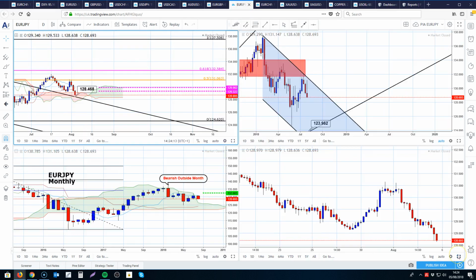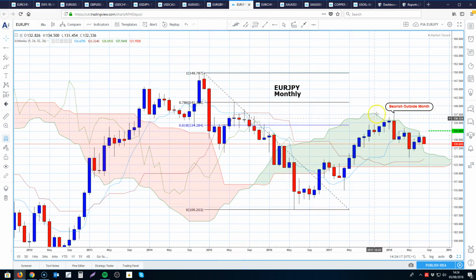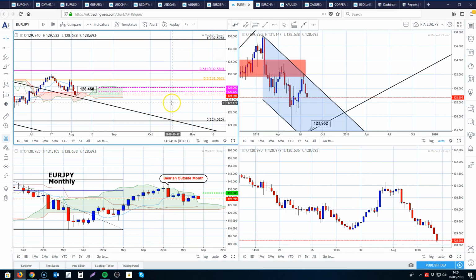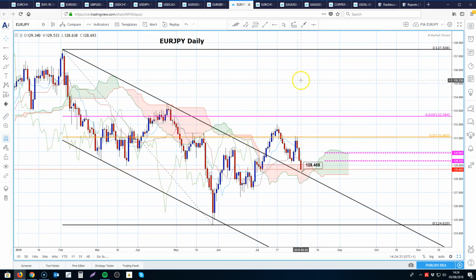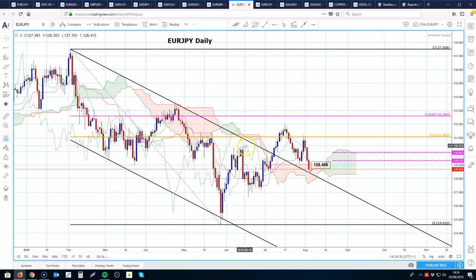Now euro yen, let's break down the time frames. Marubozu level held. We've now got bespoke resistance at 132.60 to the upside, which price action in July missed, or we didn't quite get the trigger. On the daily chart, we can see that we broke the channel formation to the upside.